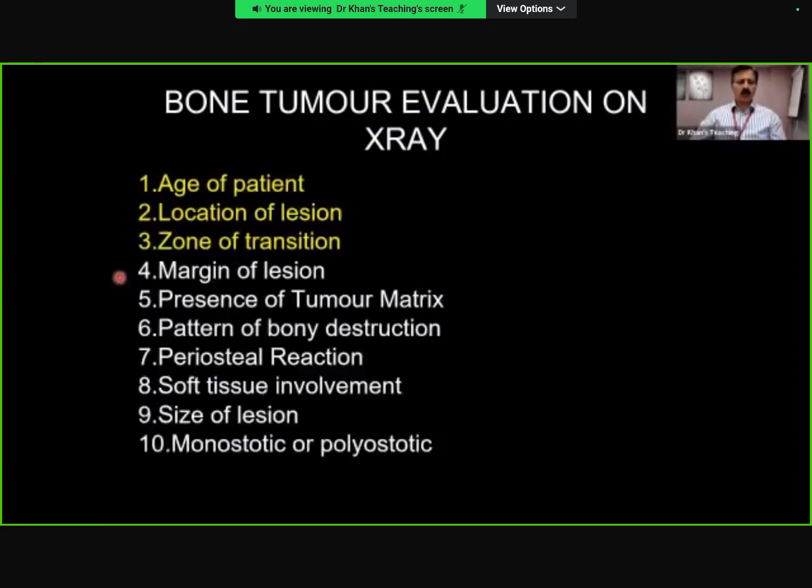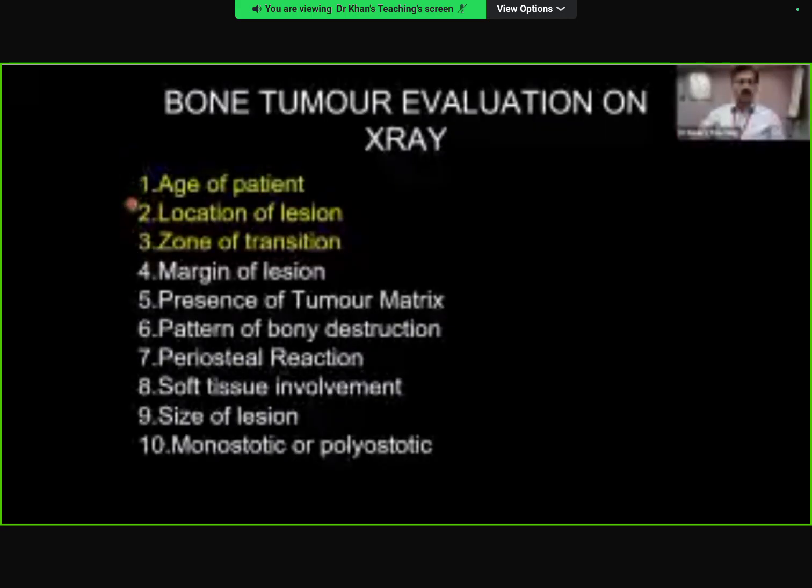Because when you start the case in your exam, the first thing you have to say is the age. The examiner is not going to tell you the age. Age will be indirectly evident because of epiphyseal or some degenerative changes or whatever. So you have to tell the examiner what the age is.